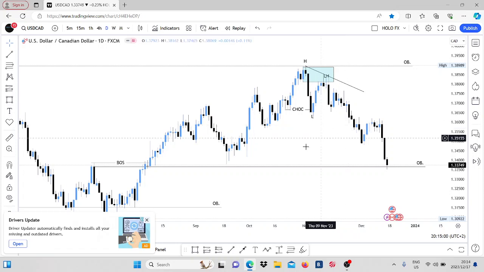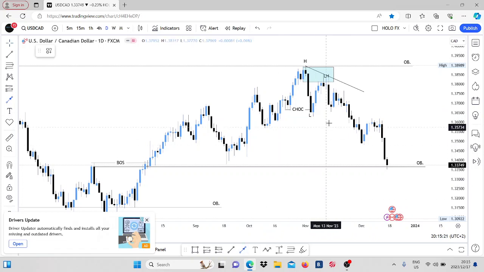Now, interesting thing: when price moved, that retracement to collect some orders to sell, it just left a bit of liquidity.